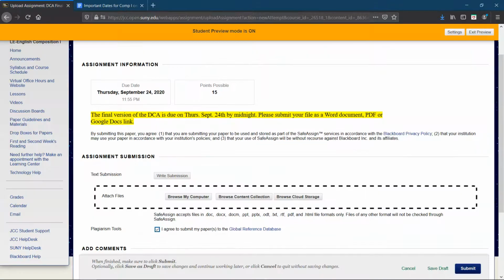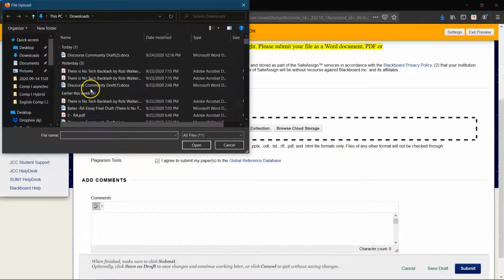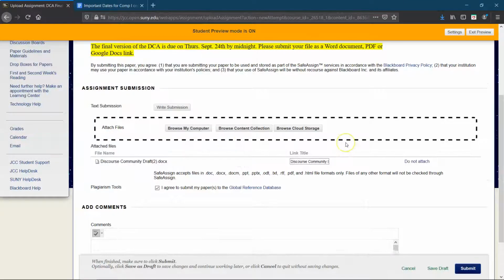And then I'm going to go back to the DCA Dropbox. And then from there, what you would do is browse from my computer and go into Downloads and submit that DCA draft. And it will upload the file and attach it for you.